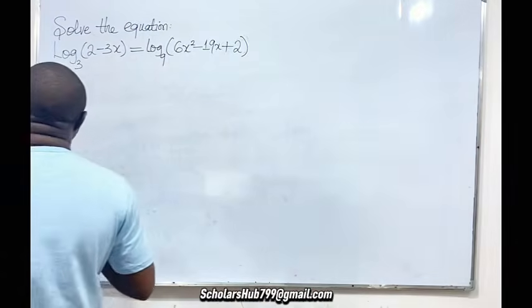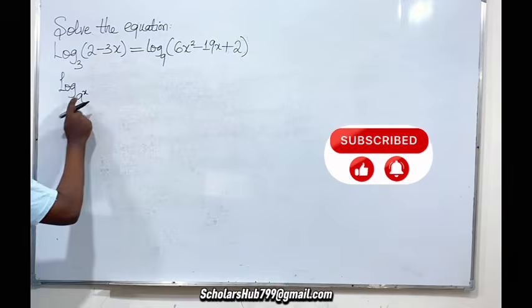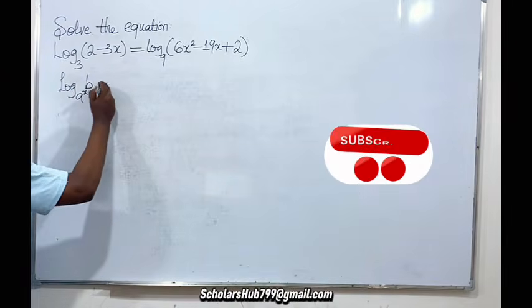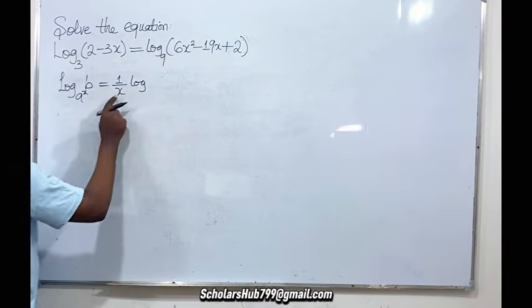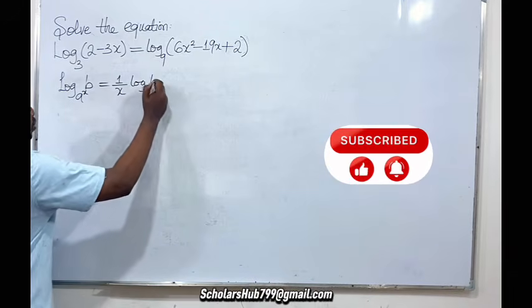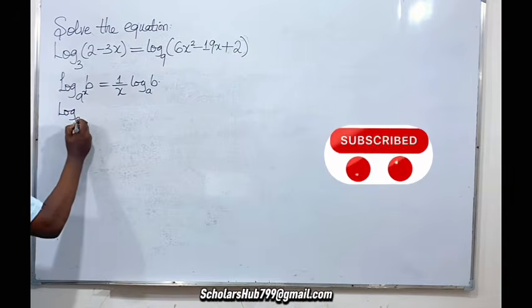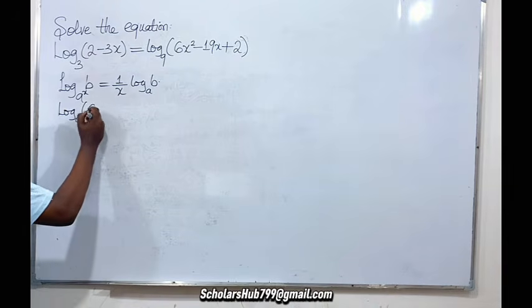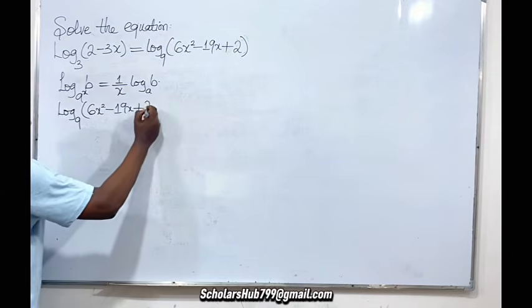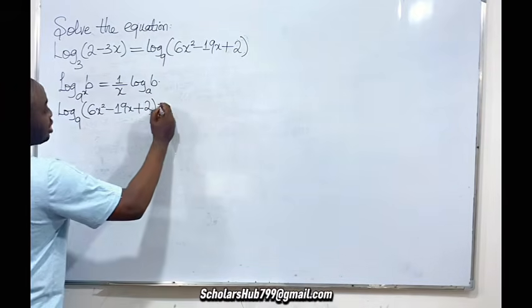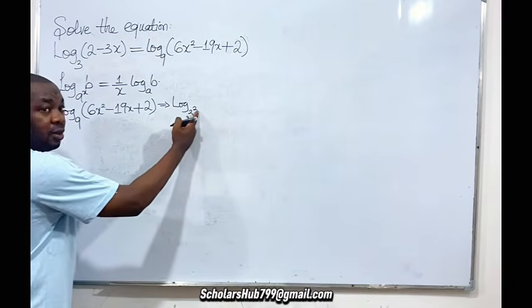That is a property which states that if we have log to base a exponent x of b, this will be equal to 1 over x log to base a of b. So log to base 9 of (6x² − 19x + 2) is the same as log to base 3 raised to the power of 2.